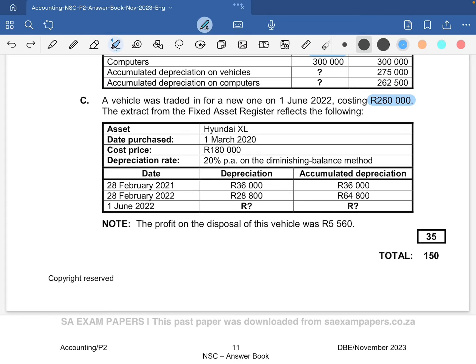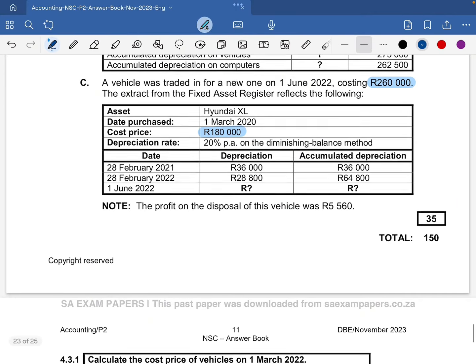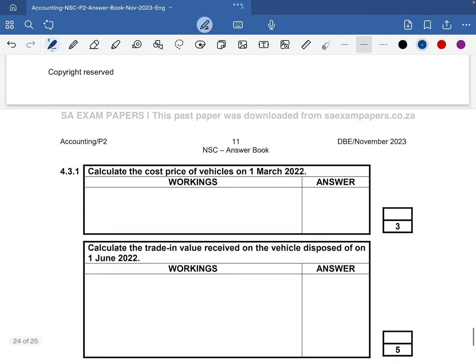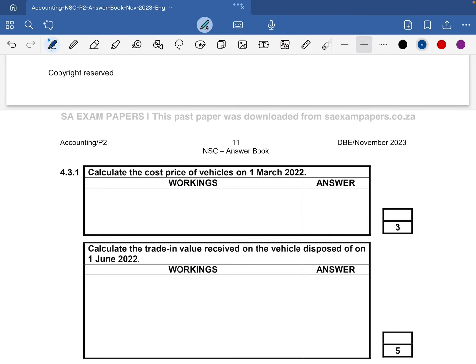We had a Hyundai purchased on the 1st of March 2020 at a cost of 180,000, and the depreciation rate was 20% per annum on the diminishing balance method. Lastly, we're told that the profit on the disposal of this vehicle was 5,560.